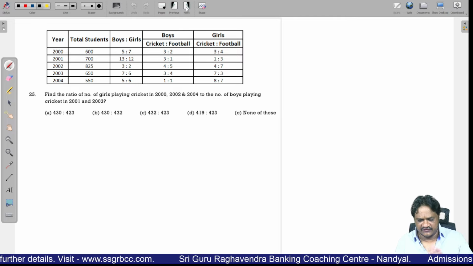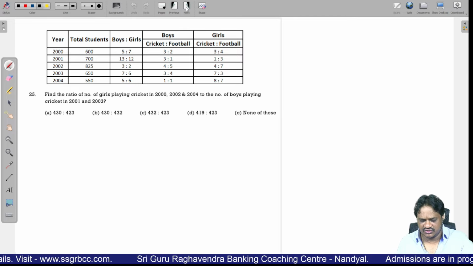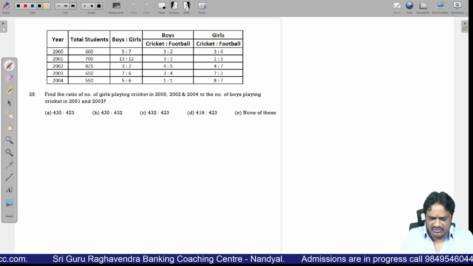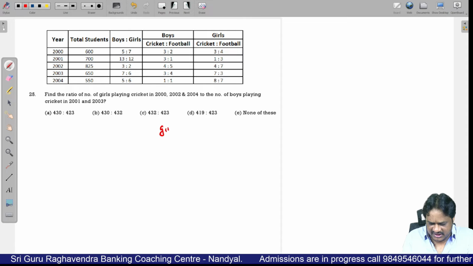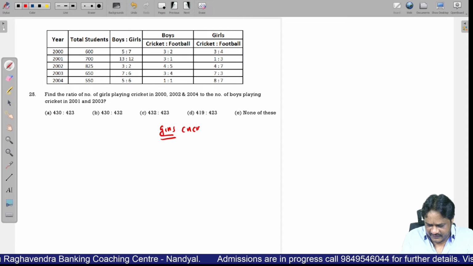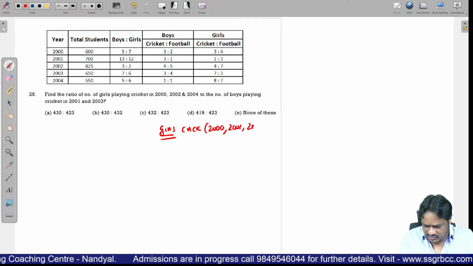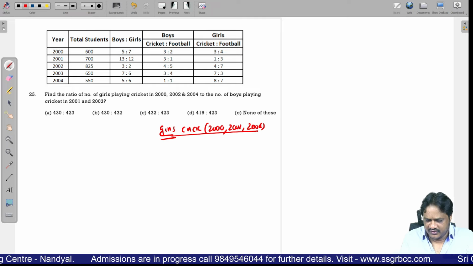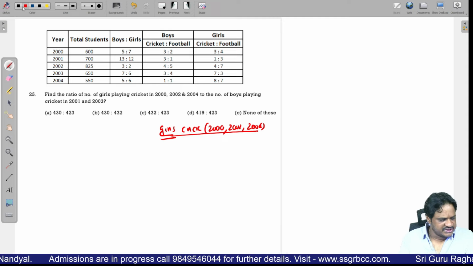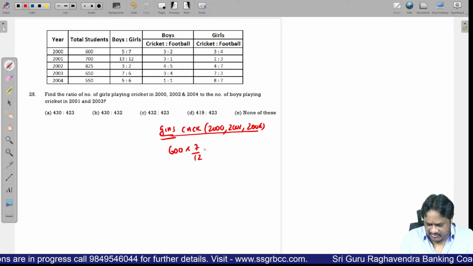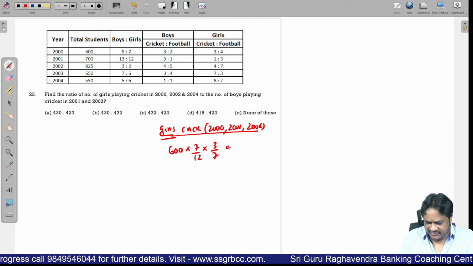Find the ratio of the girls playing cricket in 2000, 2002 and 2004 to that of boys playing cricket in 2001 and 2003. First, let us calculate girls cricket in 2000, 2002, 2004. Girls playing cricket in 2000: 600 into 7/12 into 3/7. 7, 7 cancel. 50 into 3 is 150.